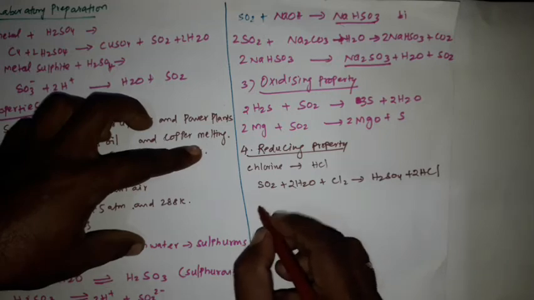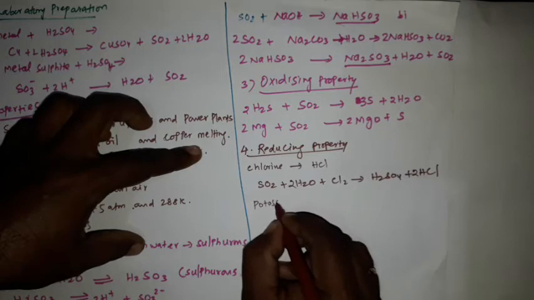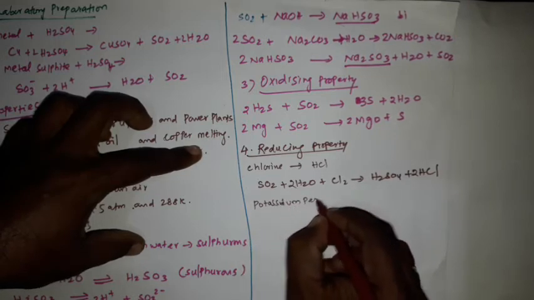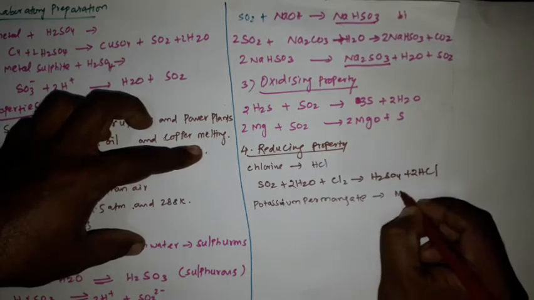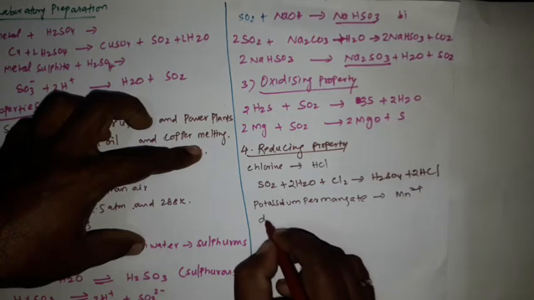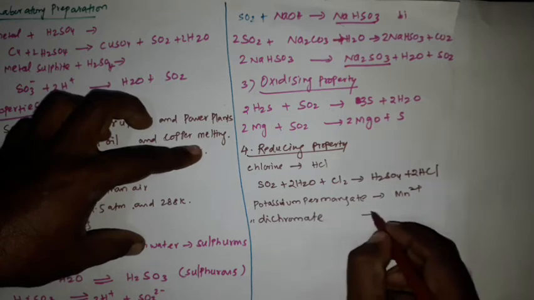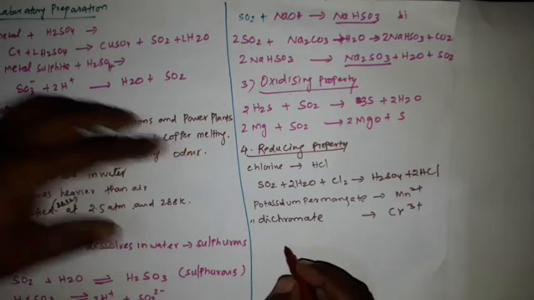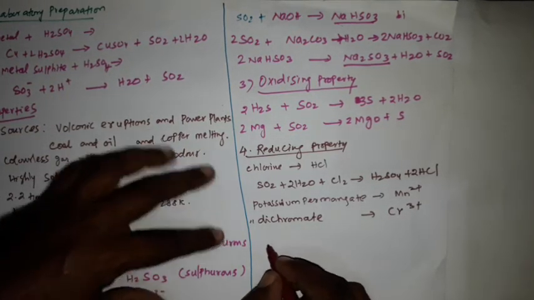Also it reduces potassium permanganate to manganese 2 plus ion, then potassium dichromate to chromium ion. Okay, we'll see the equations.